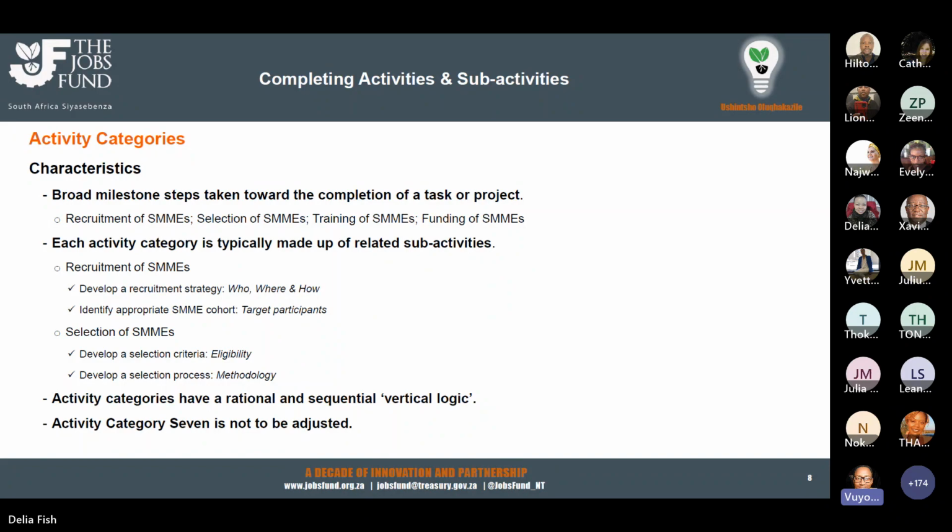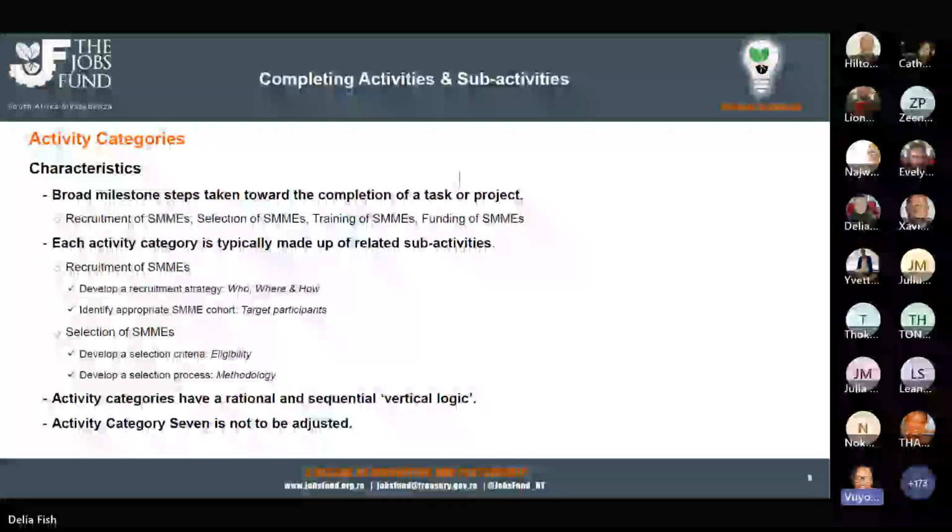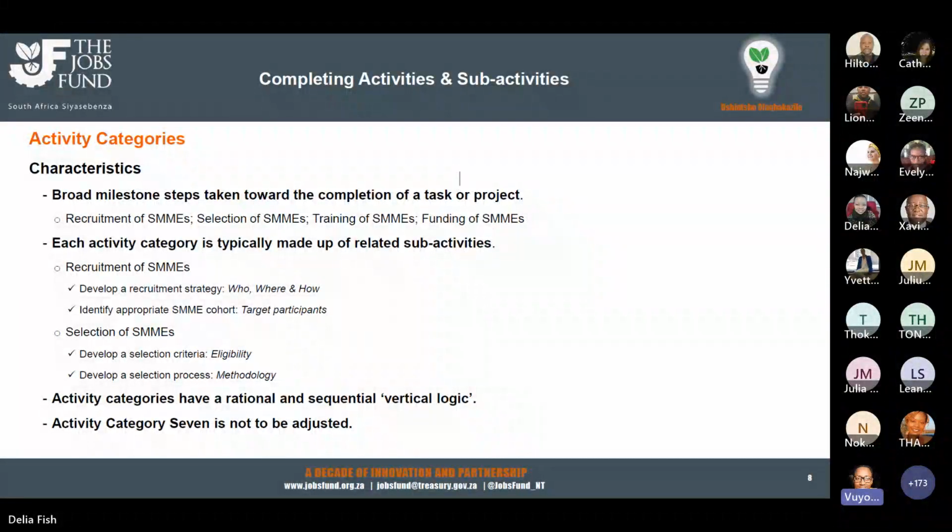Another sub-activity that you would have is the identification of the appropriate cohort of SMME that you want to target, right? So these sub-activities would be speaking to the who, the where, the how, as well as the target participants. So the point here that we're making is that you've got broad steps, activity categories.